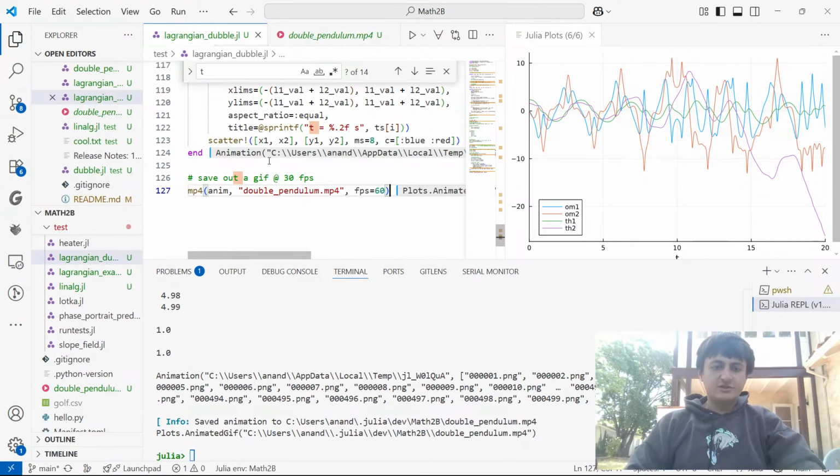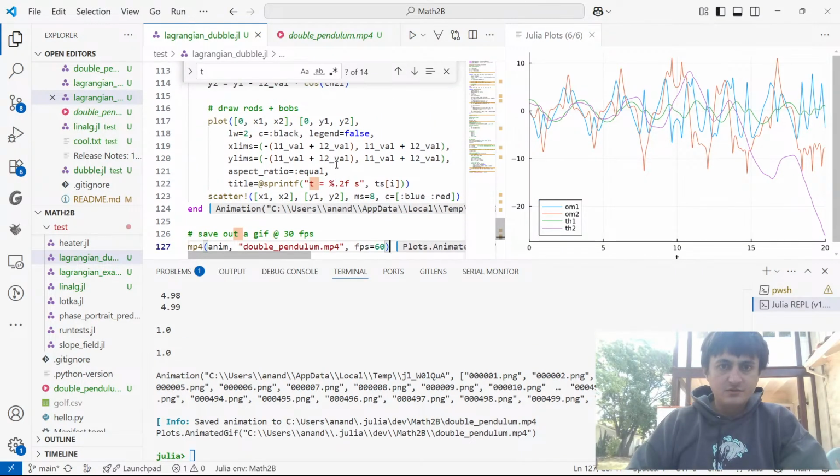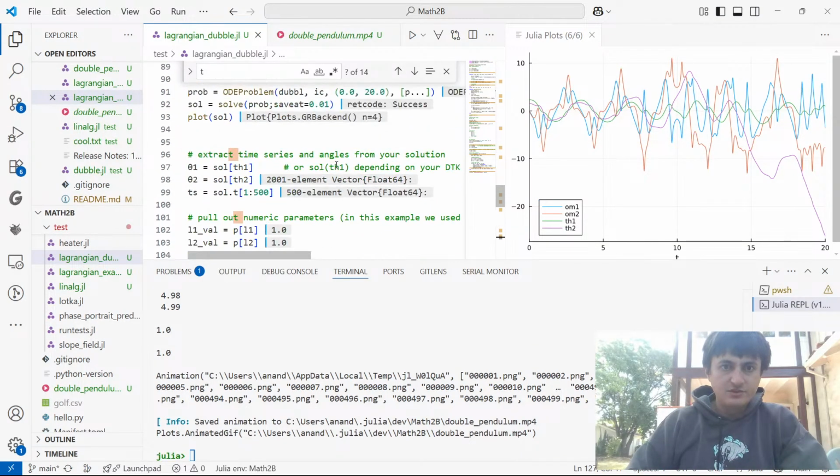Wait, what are good initial conditions for this?